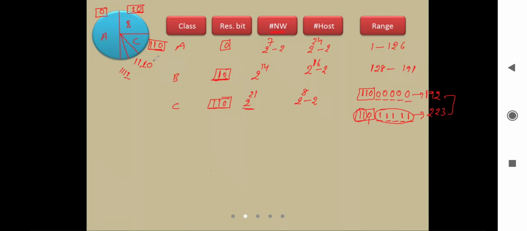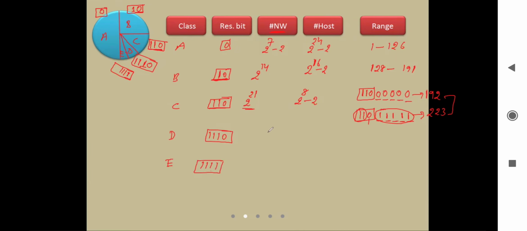So this is the reserved bit for class D, and this is the reserved bit for class E. For class D, the reserved bits are 3 ones then 0, and for class E, the reserved bits are 4 ones.